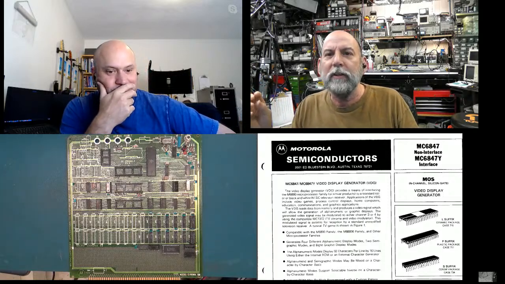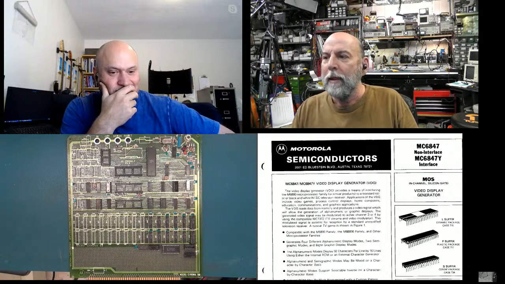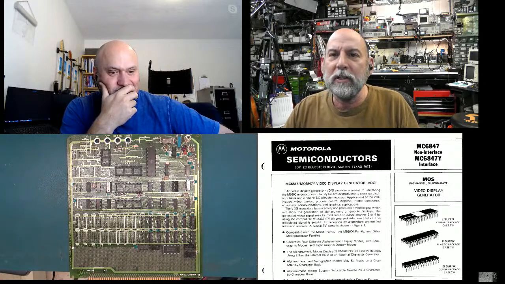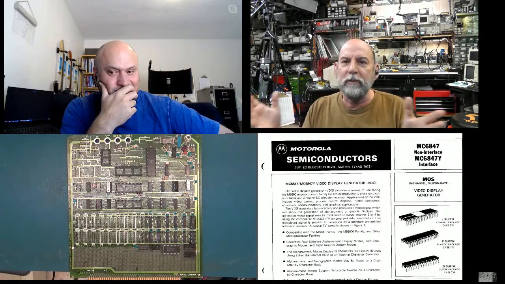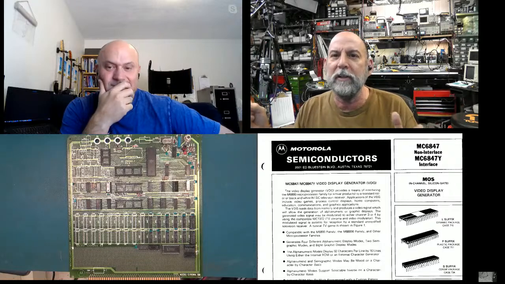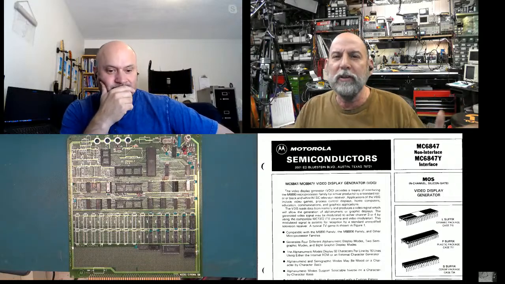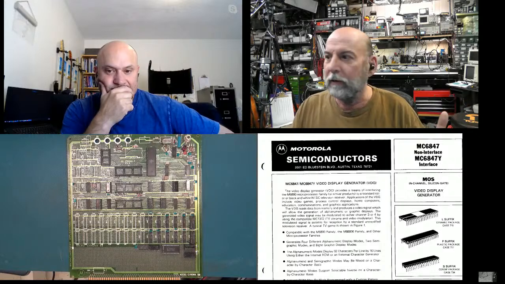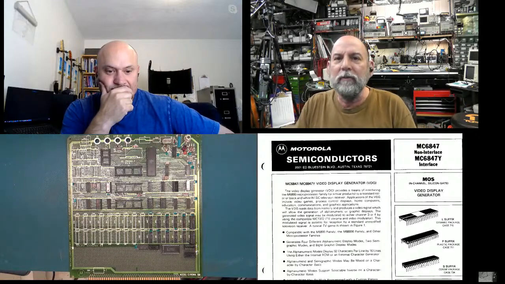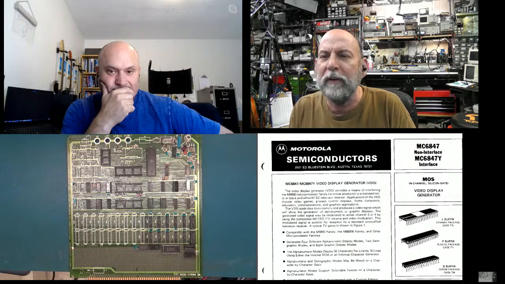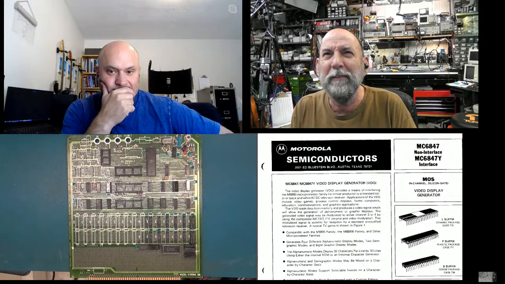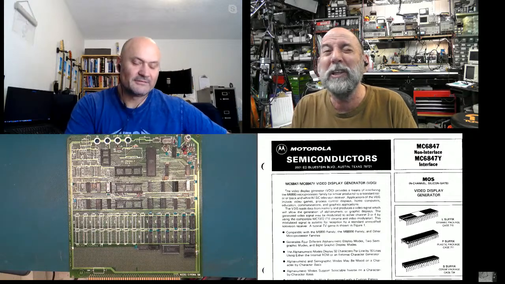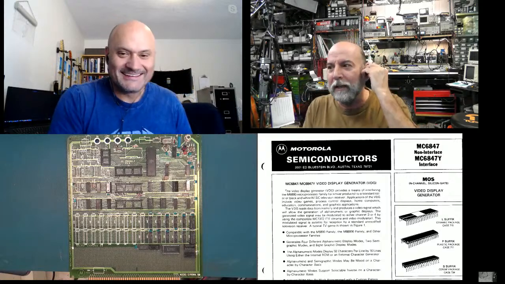I rewired it for the 6502, but it uses not a 6845, which was one of the common video graphics chips for composite. Love the 6845 monochrome though. It uses the 6847, which was in some of the Tandy stuff, maybe even the Trash 80, Trash 1000. Oh, it was the color one, the 1000, something like that.